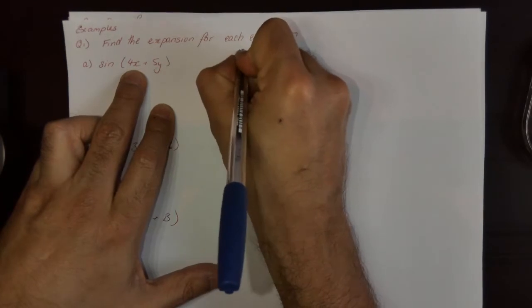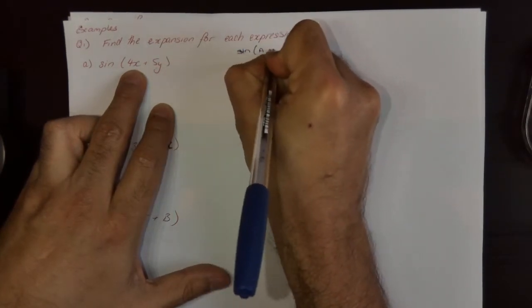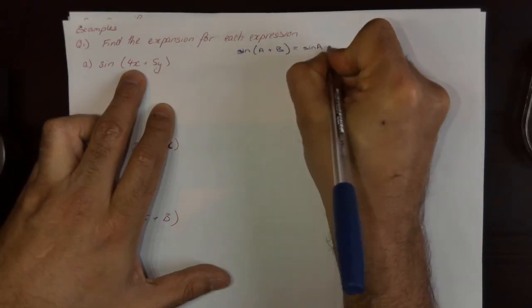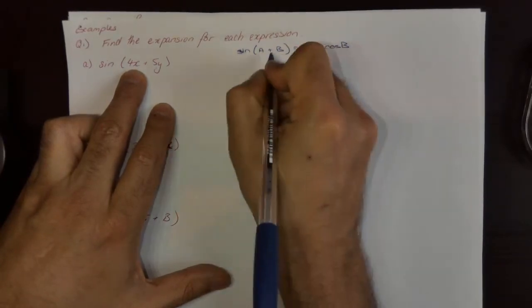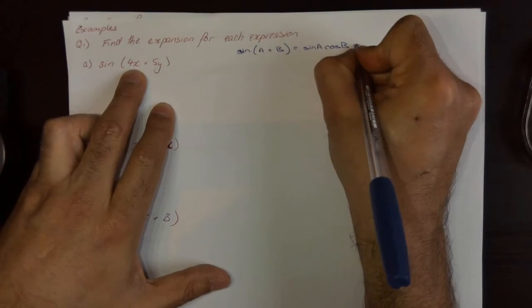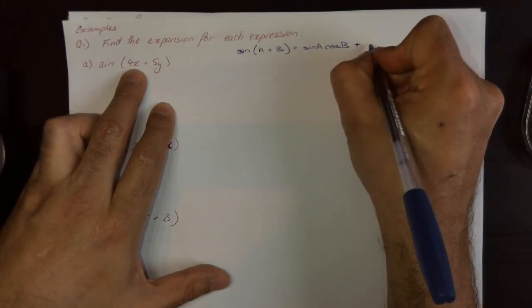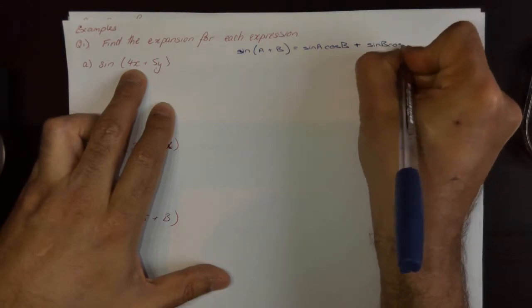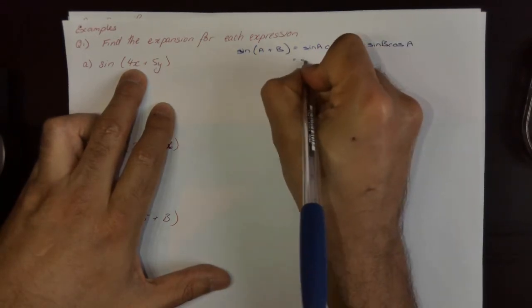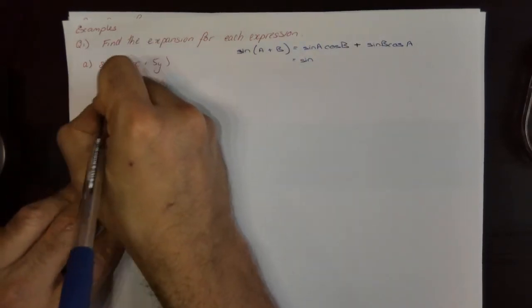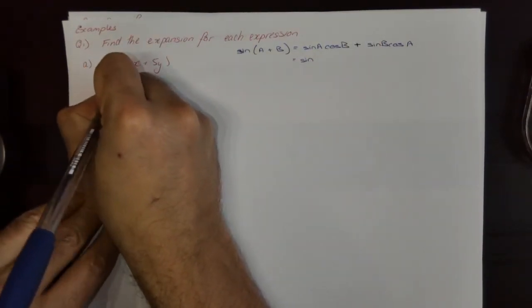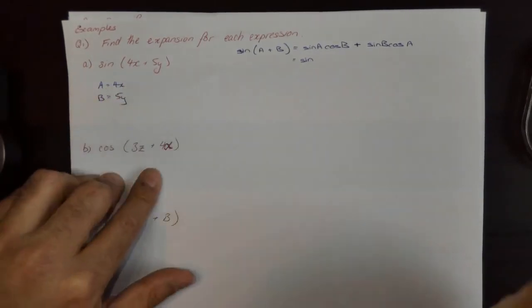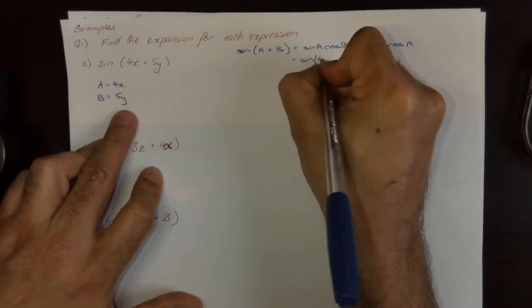The sine of A plus B is sine A cos B, the symbol stays the same, plus sine B cos A. In this case, A equals 4x and B equals 5y.